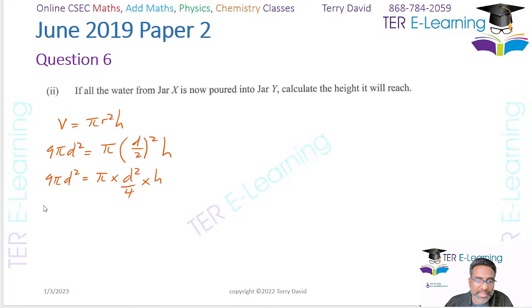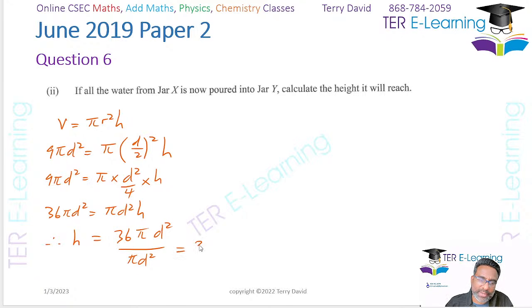So this is going to be 9 4s are 36 pi d squared is equal to pi d squared H, and therefore H is equal to 36 pi d squared over pi d squared, and therefore H is going to be equal to 36 cm. Right? So that's your height of the liquid there, 36 cm.